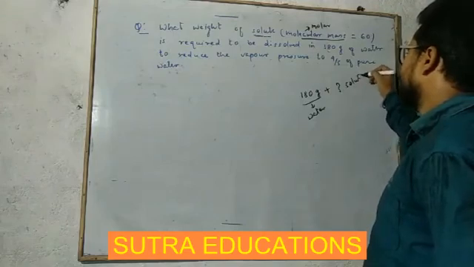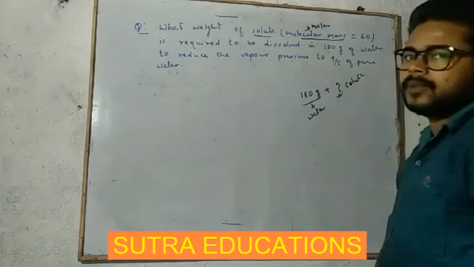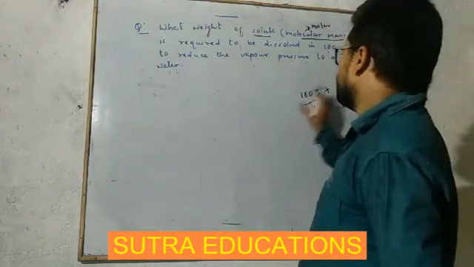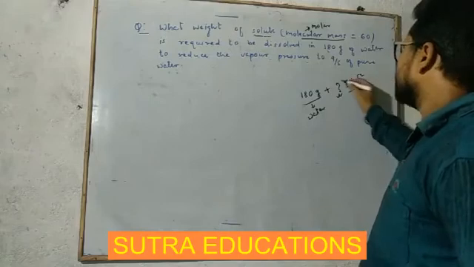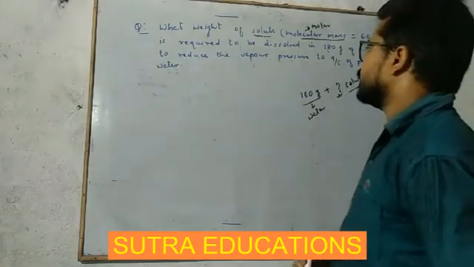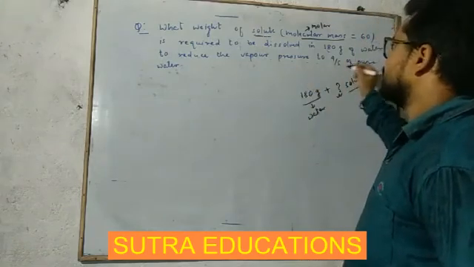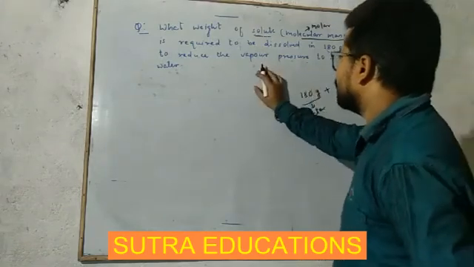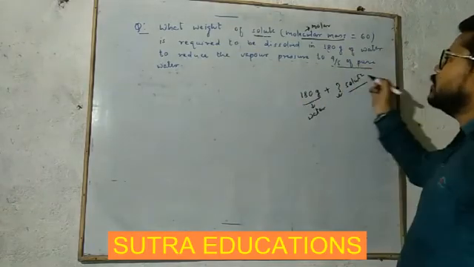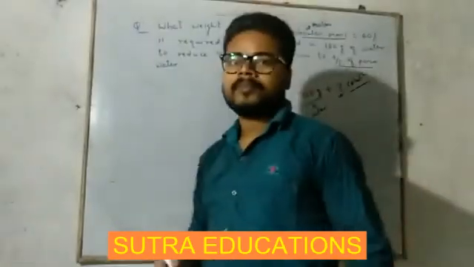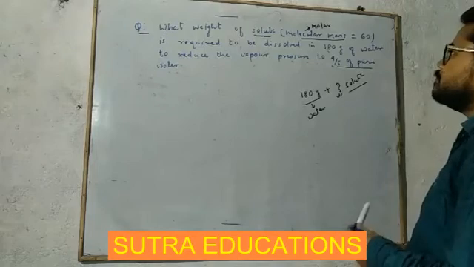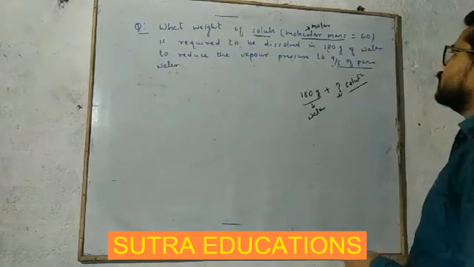We don't know the mass of this solute. After dissolving this solute in 180 gram of water, the vapor pressure of the solution is reducing to 4 by 5 of the pure vapor pressure of water.